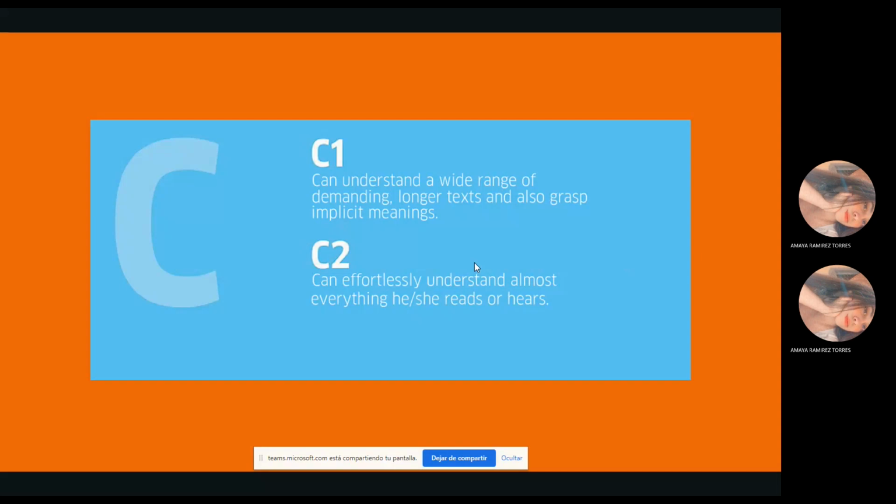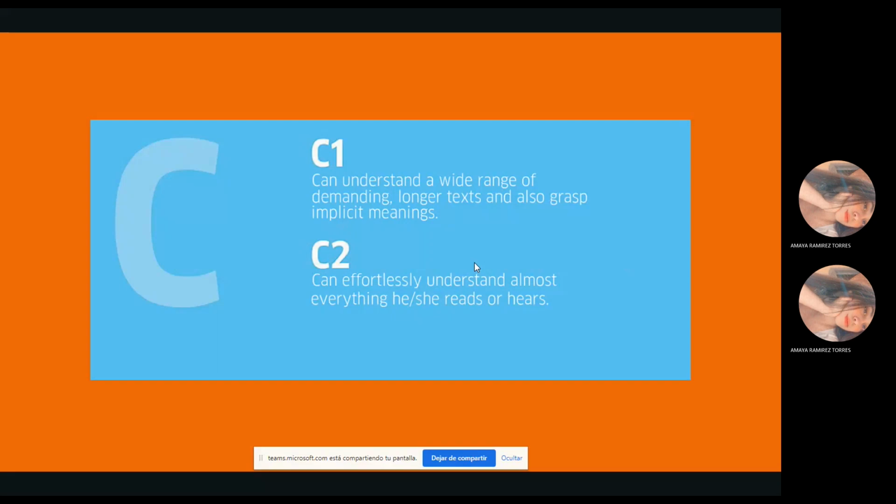We have the levels C, and this is the last, categorized as the advanced ones. The C1 can understand a wide range of demanding, longer texts and also grasps implicit meanings. On the C2, one can effortlessly understand almost everything she reads or hears.